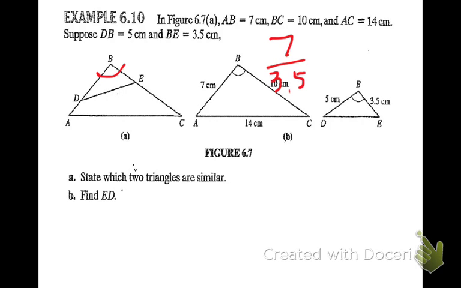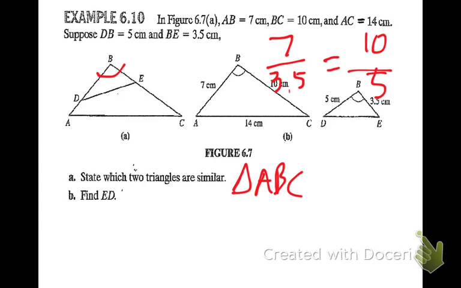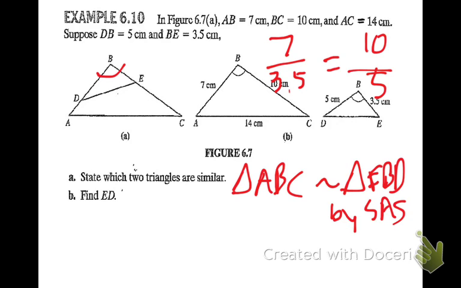The 7 goes to 3.5, and that's the same ratio as 10 over 5. They both have a ratio of 2, and then they have the included angle. So the two triangles, triangle ABC, be careful how you name them, are similar to triangle EBD by side angle side.